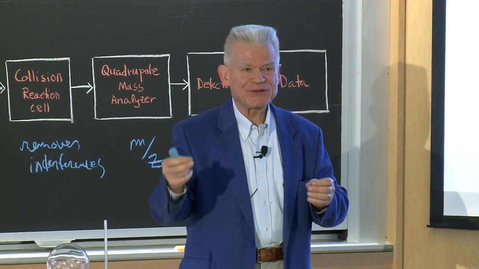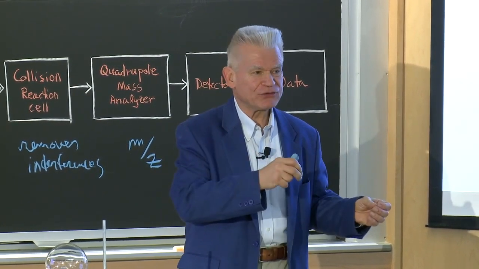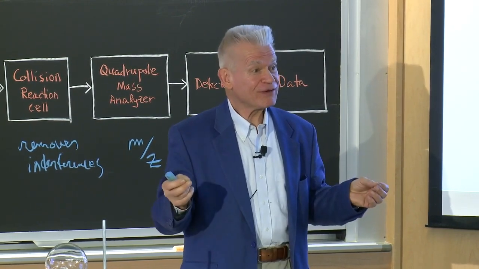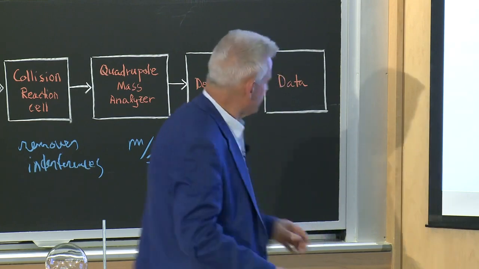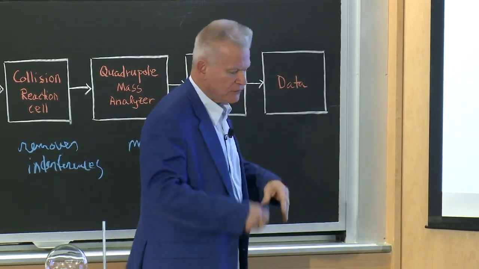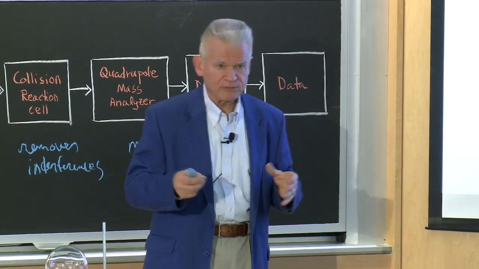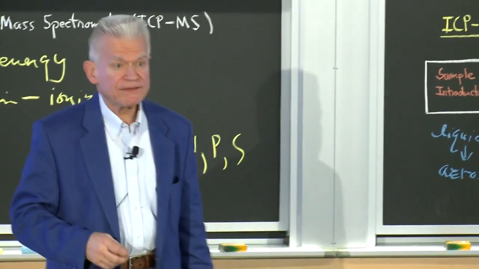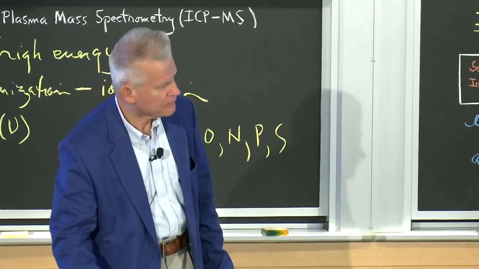It associates those counts per second with the concentrations in our calibration standards, and then you've got concentration for your samples. So the counts per second then head into our data system, and the software analyzes all this and produces us some data. Let's take a look and see how it works.